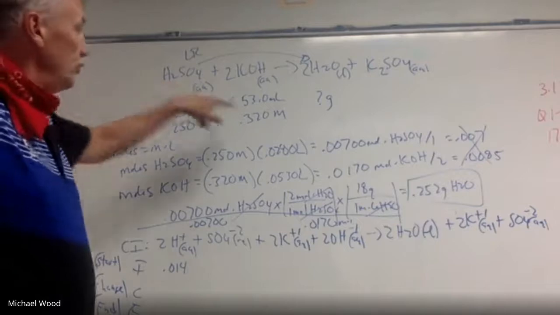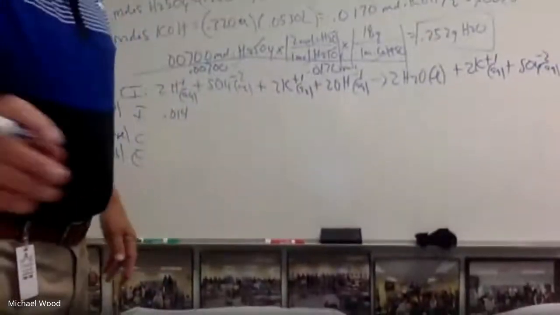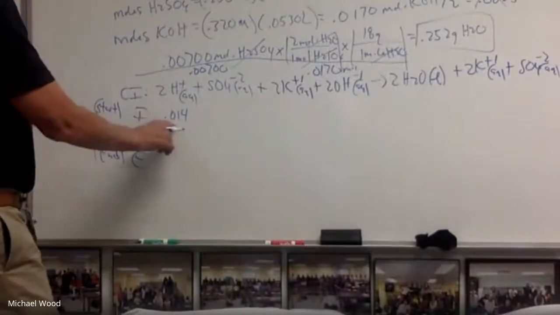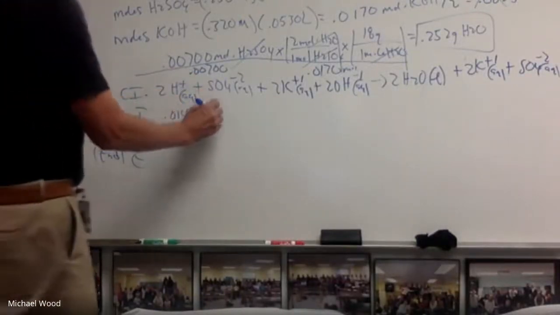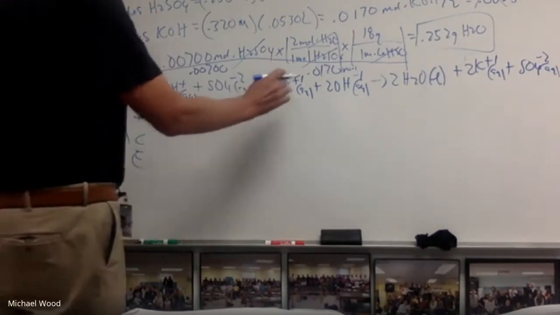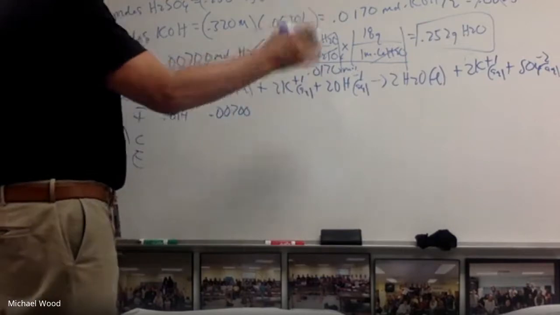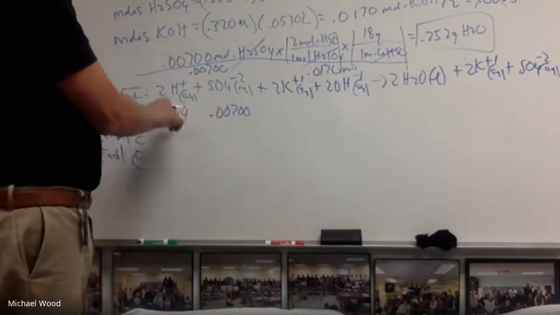So I took the 0.007 times 2, and that's where I got 0.014. But there wasn't 2 of these, so there's 0.007 of that. Now over here, you go, okay, well then, because of this 2, I multiplied that by 2.